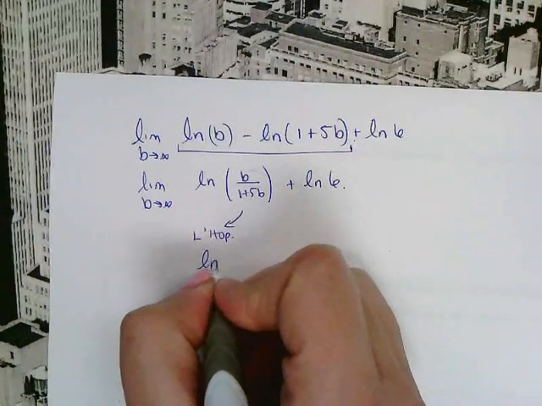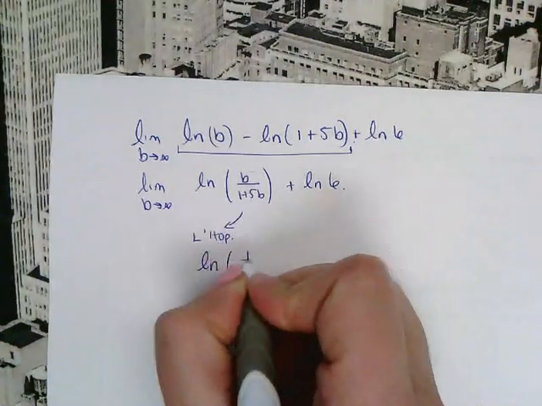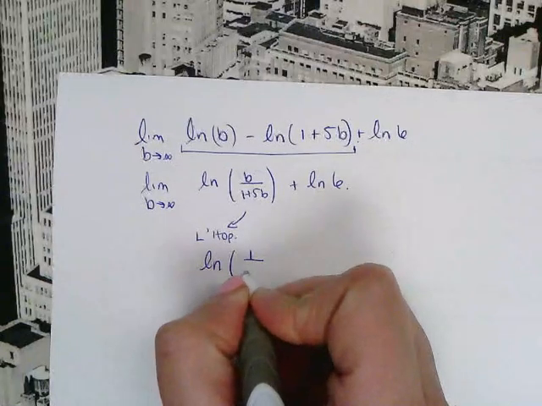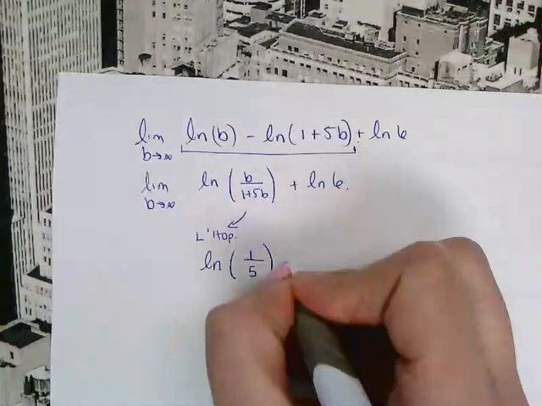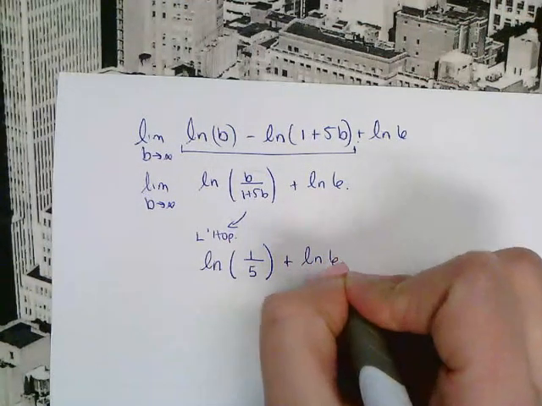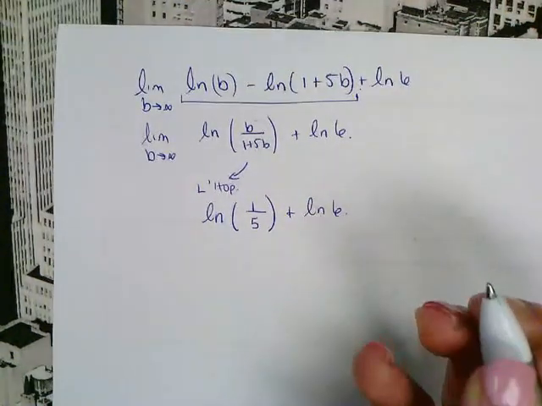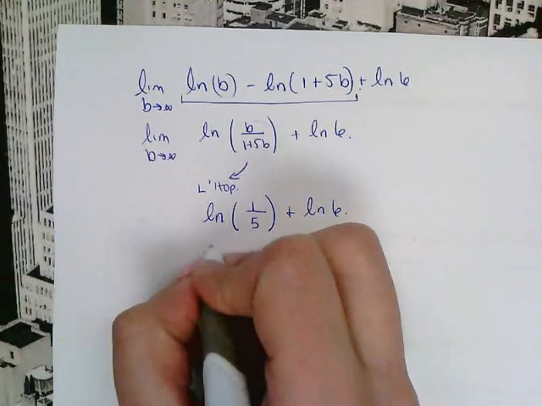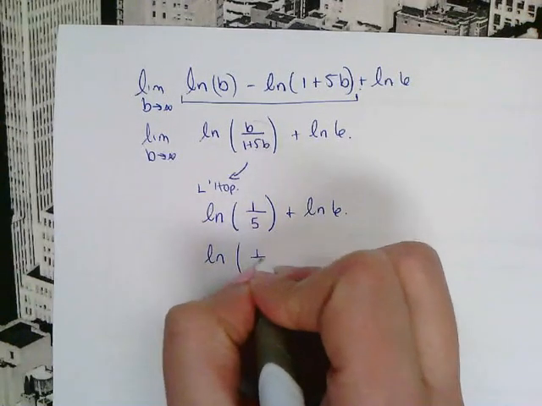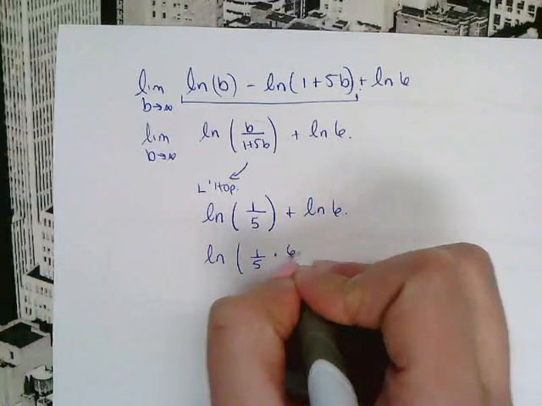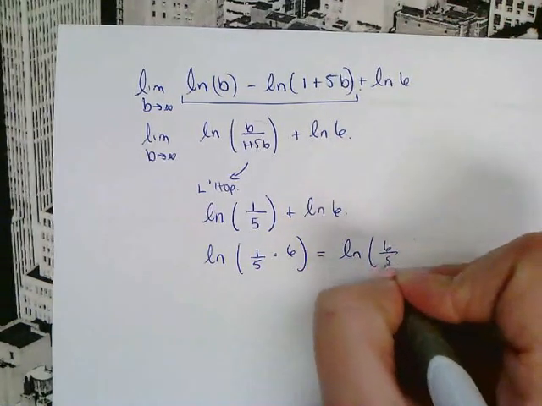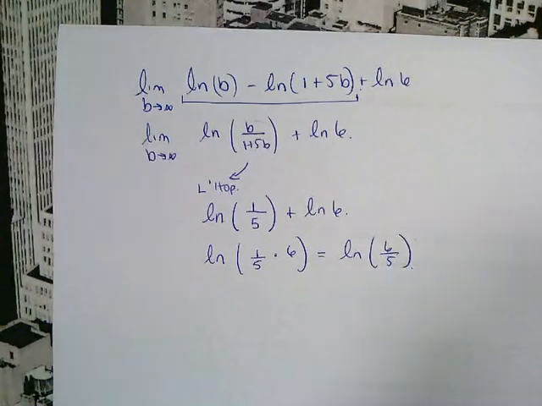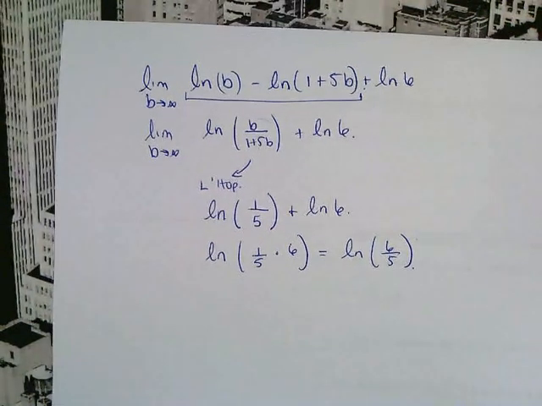So this becomes ln of 1 over 5. Don't forget the ln of 6. So now my final answer is going to be ln of 1/5 times 6, which is ln of 6/5. So that's what that little shortcut helps us figure out.